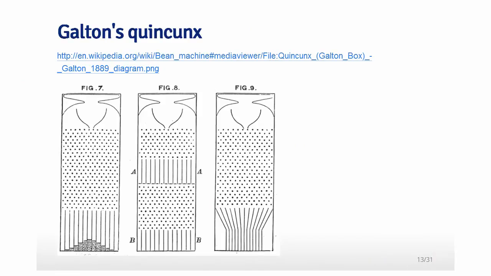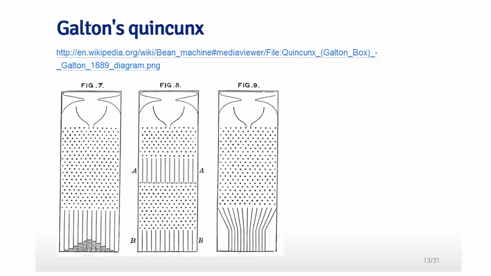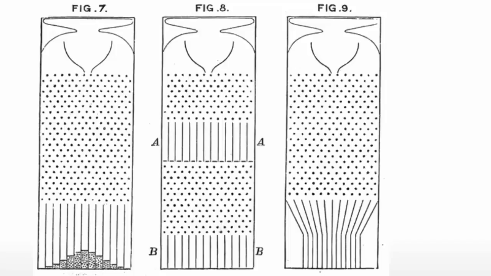As a fun aside, I wanted to talk about Galton's quincunx, a machine that you might have seen if you visited a science museum. Basically, the crux of this machine is illustrating the central limit theorem with a game that looks a little like pachinko. So here's an example.